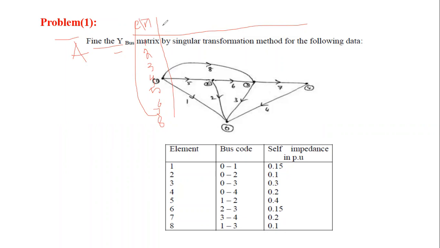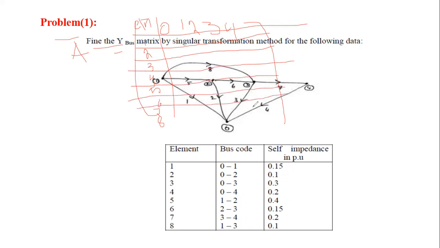We have 5 nodes including the reference node 0, and 4 other nodes. Then we form the A bar matrix, that is the element node incidence matrix.